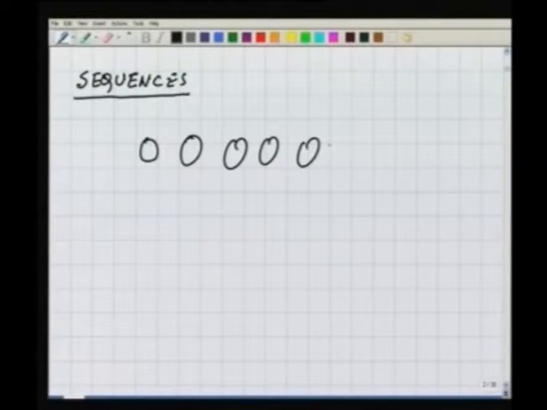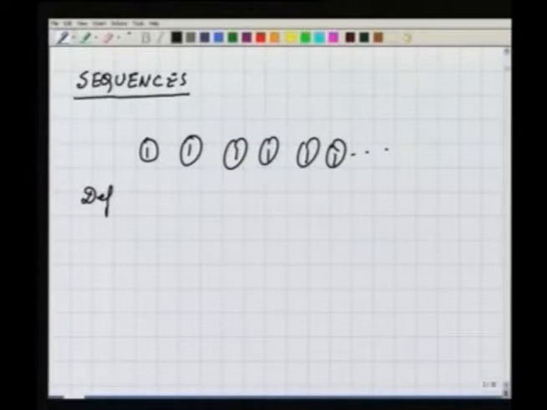It means there are essentially 10 spots, and one student chooses to stand here, the second one stands here, the third one here, and so on. You just stand in an order so that people can count you as first one, second one, third one, fourth one, and so on. Well, mathematically a sequence means exactly something like this. The only difference is it does not stop, it goes on.